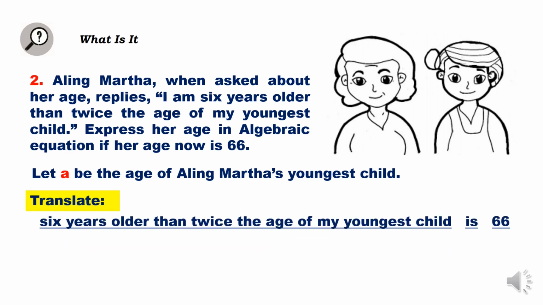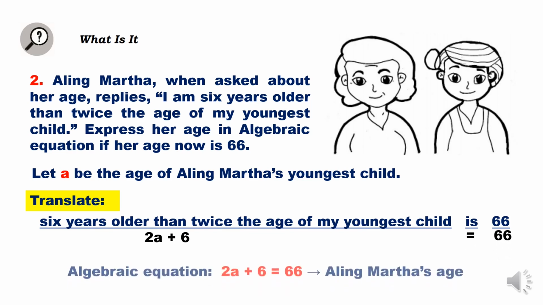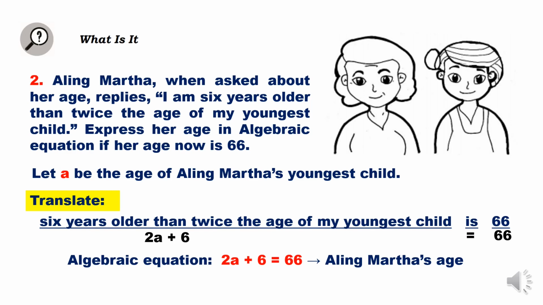Translate: 6 years older than twice the age of my youngest child is 66. That is 2A plus 6 equals 66. Algebraic equation: 2A plus 6 equals 66. That is Aling Marta's age.